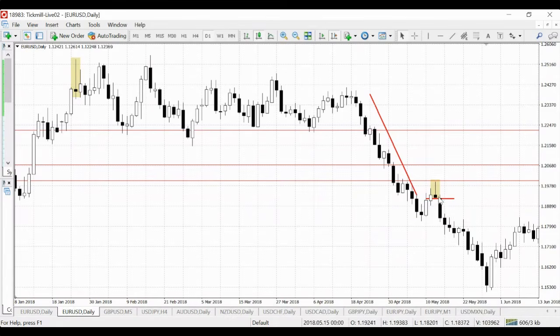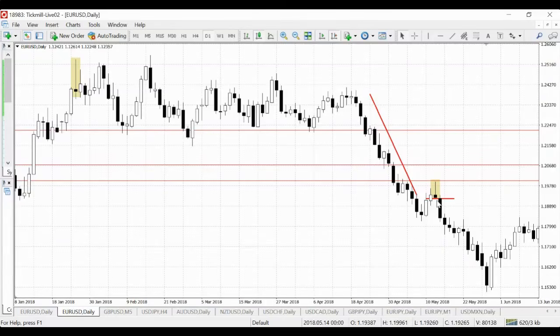So I don't get in with market orders. I get in with sell stop orders or buy stop orders, so that way I have the confirmation. The confirmation that the pin bar might be successful is the next bar that triggers me in. So I'm now in this position.